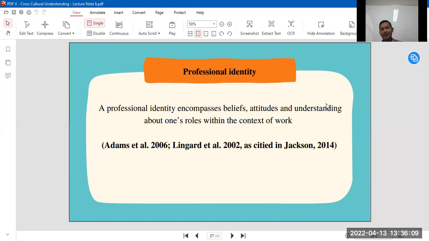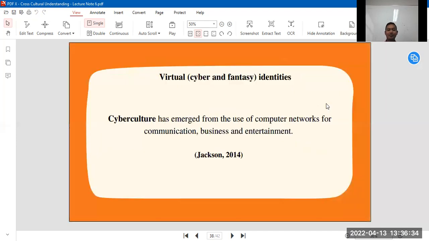Let's say they use their jargon, for example medical jargon. It is only understood in this group, and other groups will not understand. So language will be different based on who you are and what profession you have, and so on.